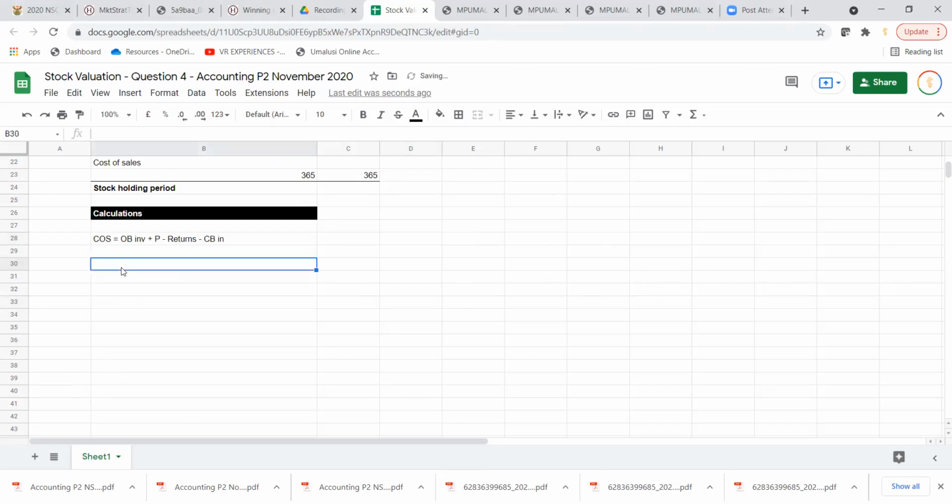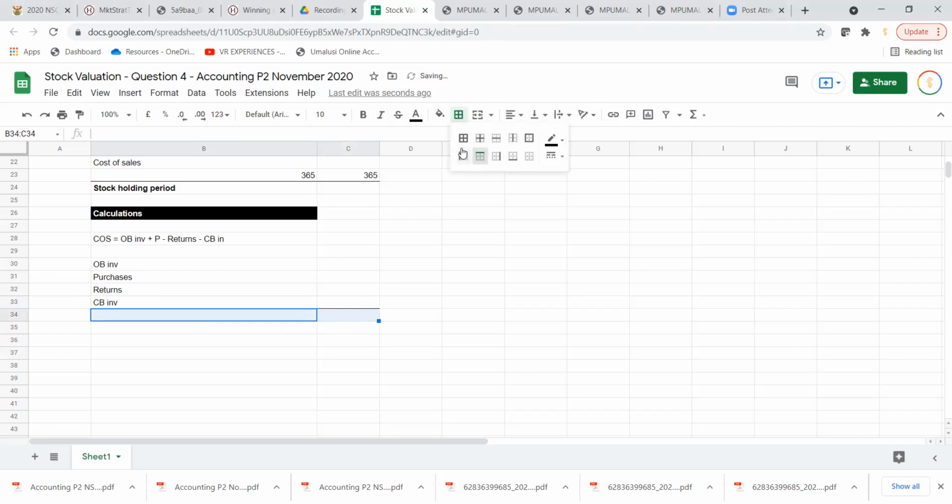It is opening inventory plus purchases minus returns minus closing balance inventory. So that's how we'll work out cost of sales.